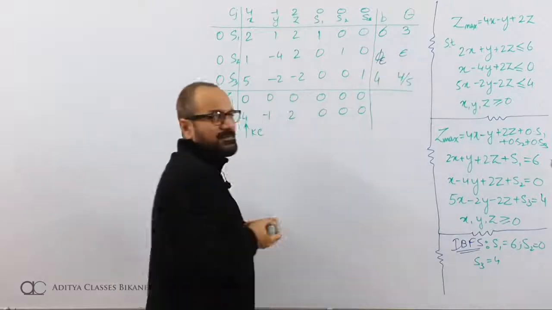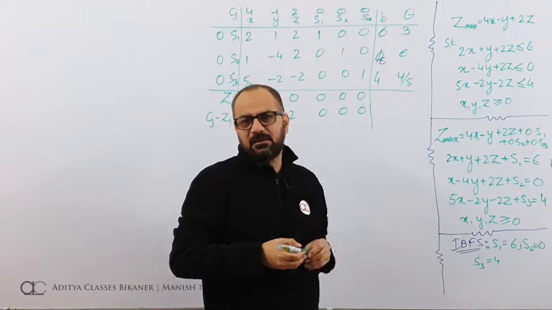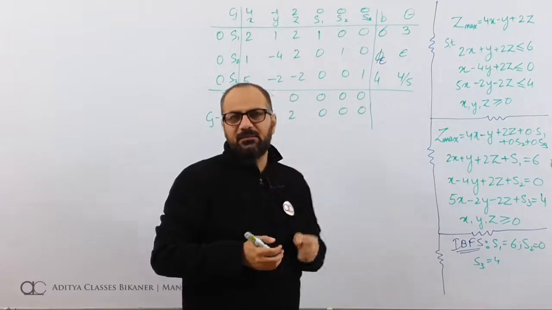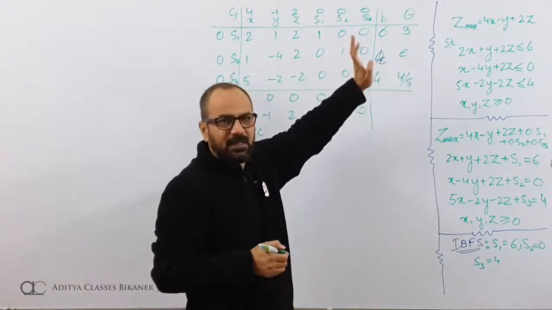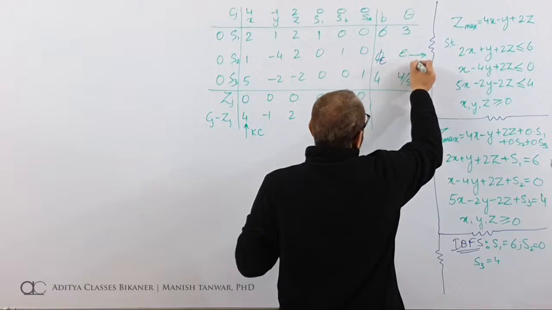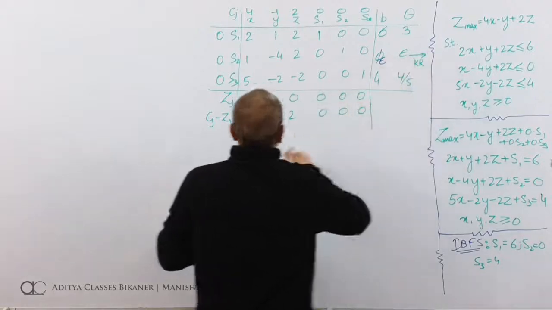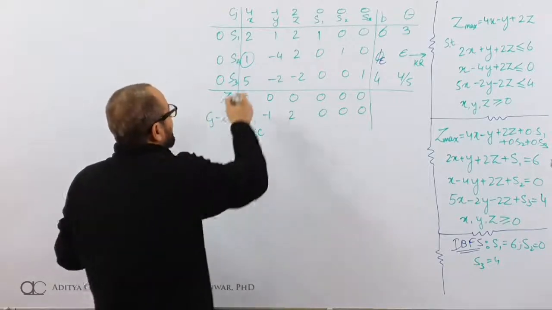So 4 divided by 5 is smaller than 3. But then epsilon is infinitesimal value. It is very tiny, very infinitely small value. So my least positive value is epsilon, giving me my key row, and the intersection will give me my key element.